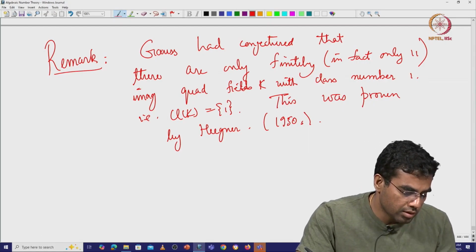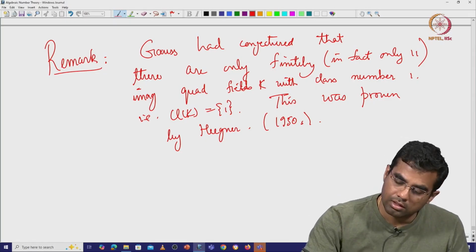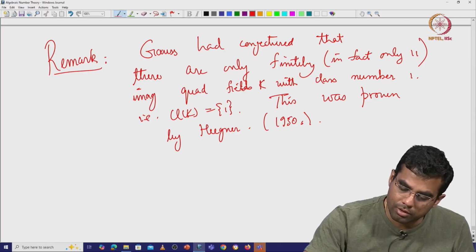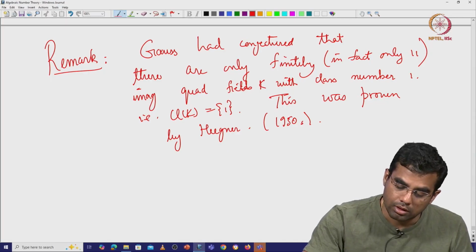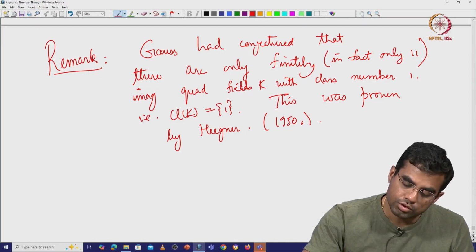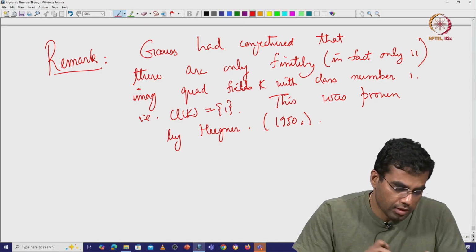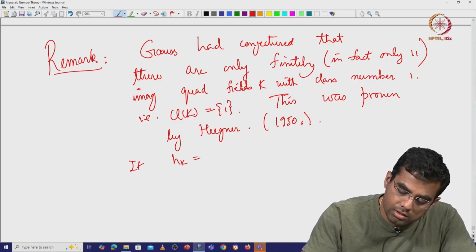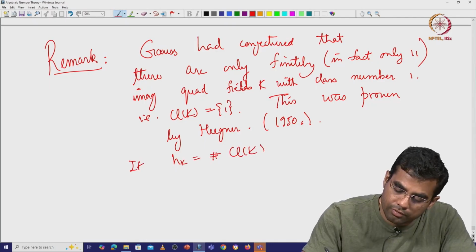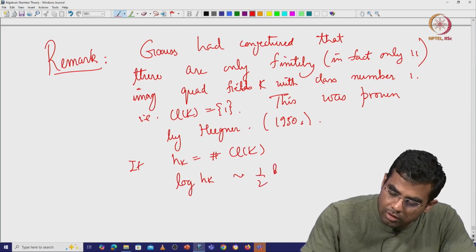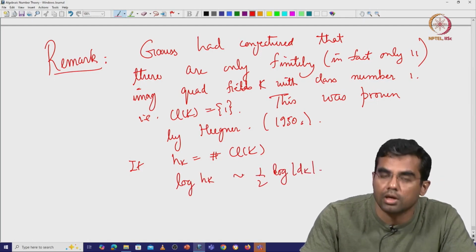Yeah, but there are other results due to various people like Heilbronn and Davenport and Alan Baker and Brouwer and Ziegel, etc. So, in fact, the class number, so if Hk is the number of elements in the class group of K, then log of Hk grows roughly like half the log of discriminant of K, right.